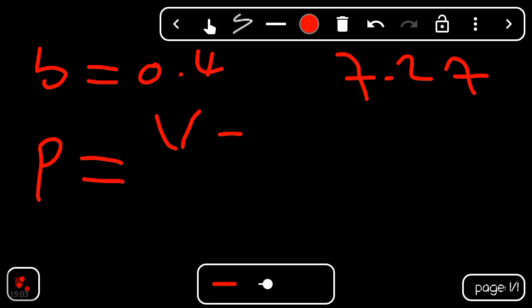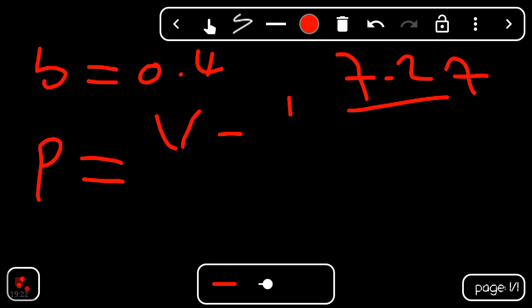So V minus the last term. The last term is the term that is less than it, the immediate lesser value than the value you pick.